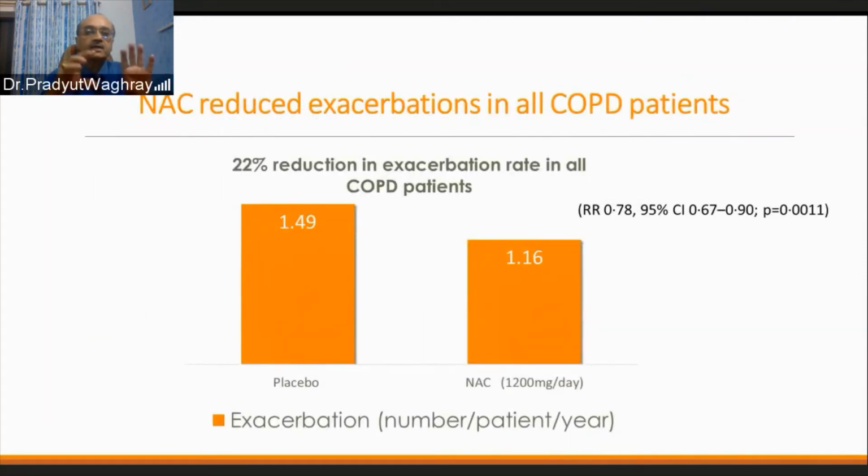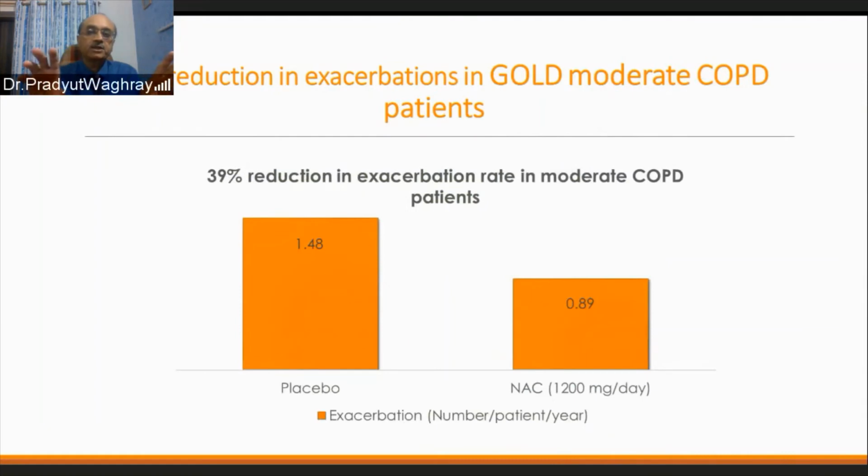It was found that the group with NAC had reduced exacerbations in all the COPD patients to the tune of 22%. And when you narrow down and measure the exacerbation reduction in GOLD-categorized moderate COPD patients, it was found that a 37% reduction in exacerbation rate was obtained by the NAC group.